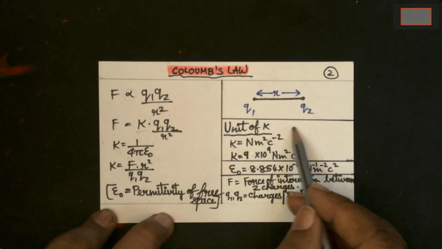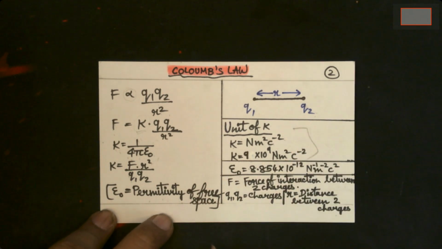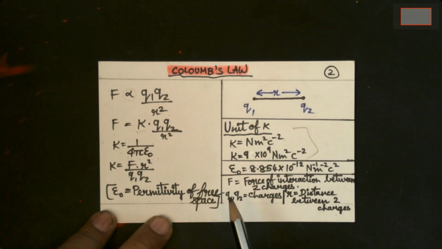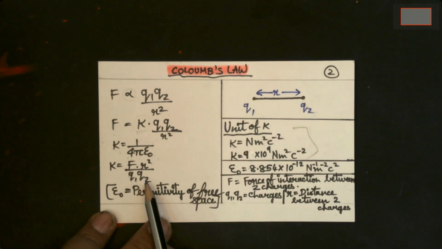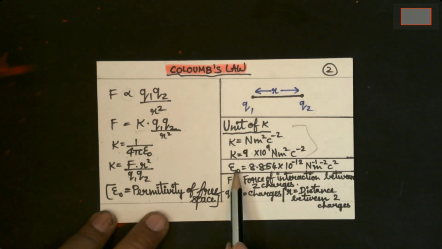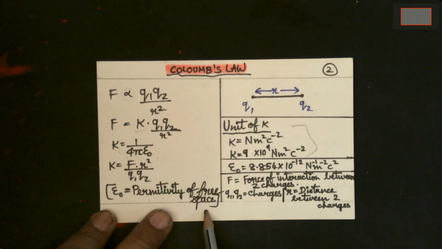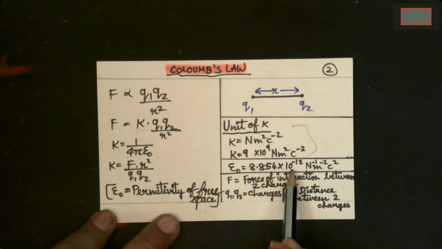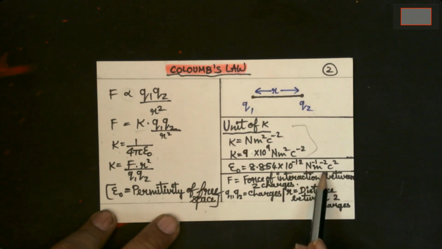So you have to remember this value. So what is the value of 1 by 4 pi epsilon naught? Which is nothing but 9 into 10 power 9. Never forget this value. And what is this epsilon naught? Which is nothing but the permittivity of free space, and it is the value 8.854 into 10 power minus 12 Coulomb squared per Newton meter squared.